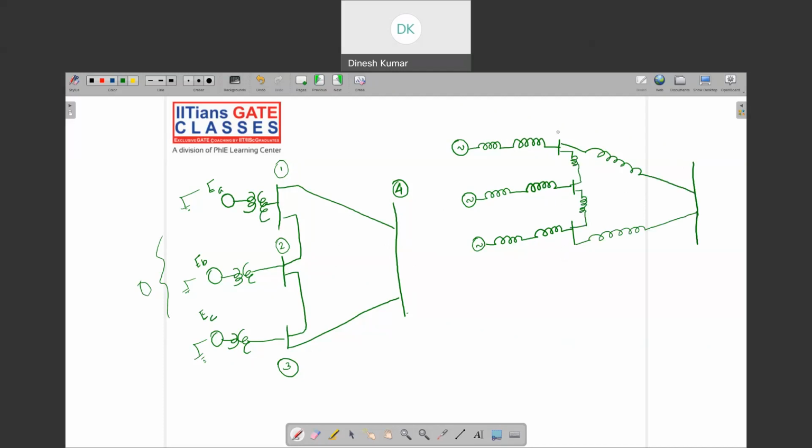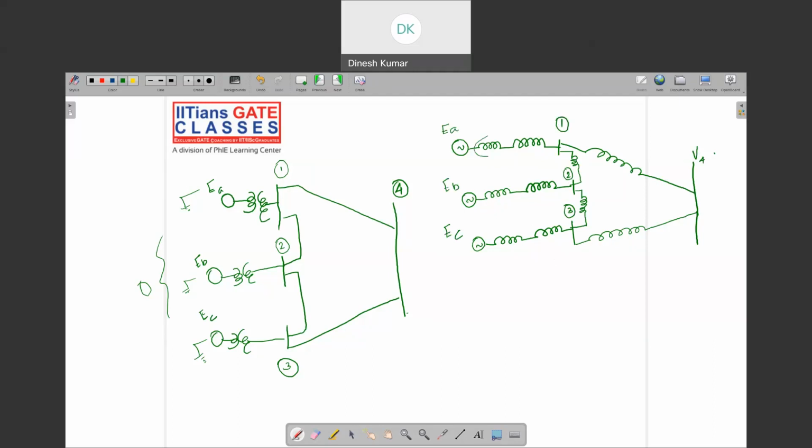Let's assume that this is the first bus. This is V1, V2, and this is V3. This is basically V. Now this will be EA, EB, EC.